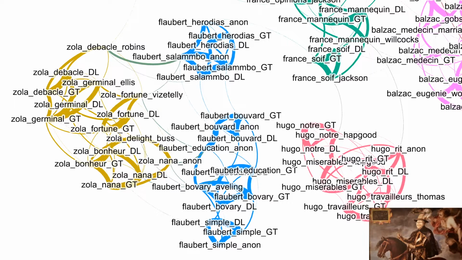Now, you will see that in most of those cases, the machine translations don't seem to be going very far away from translations of the same text done by a human translator. In fact, what this shows us here, of course, we have a fragment of the network which only shows Flaubert, Zola, and Hugo.